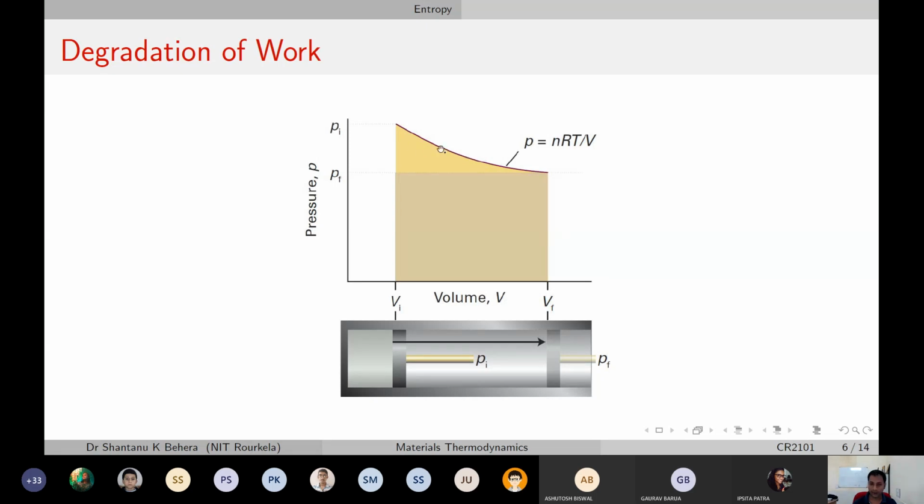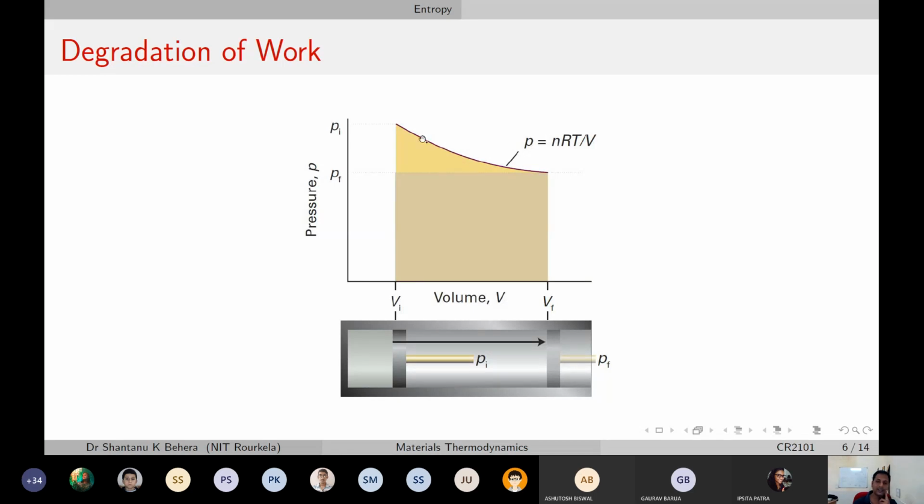This process gives you the total work that you can calculate: nRT ln(Vf/Vi). That's the work. You can look at the formula.